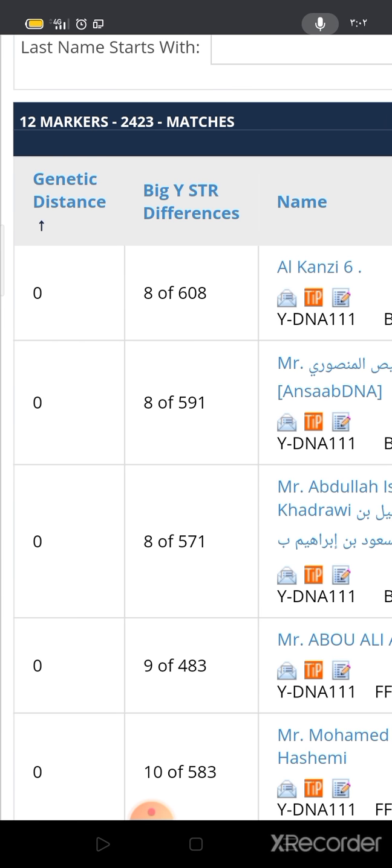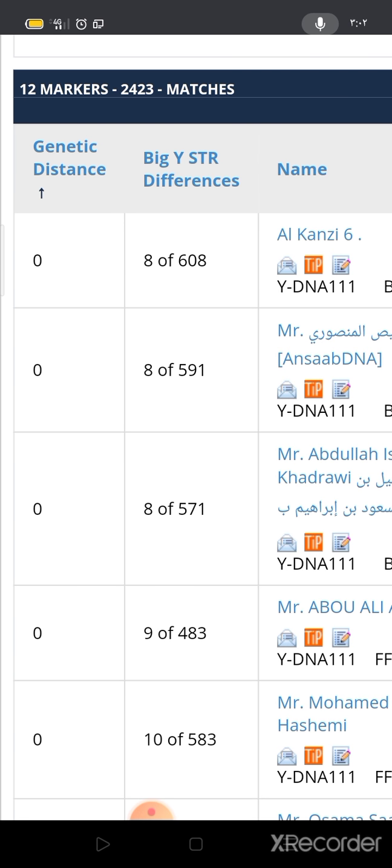As I mentioned before, I am from the Ja'aliyin tribe from Sudan, which is in East Africa, but our heritage is Arab. When I did this test, at the level of 12 markers, most of the people are Arabs, and this is quite good for our heritage.